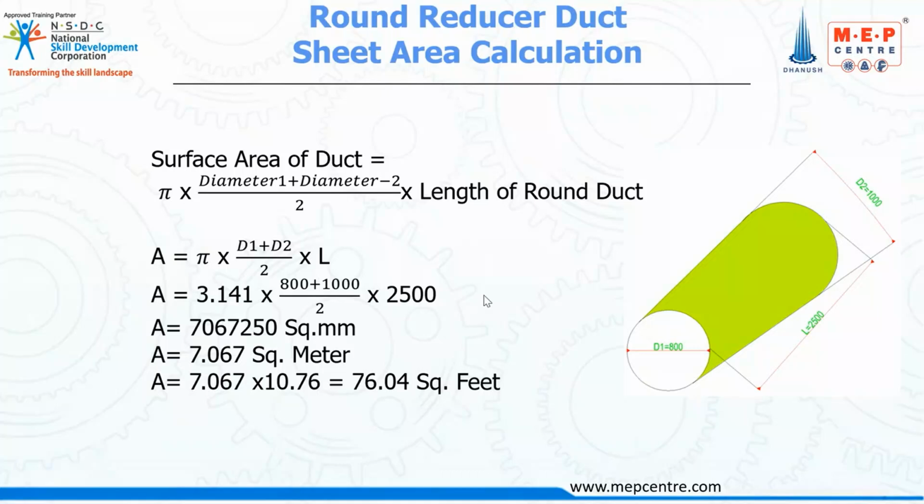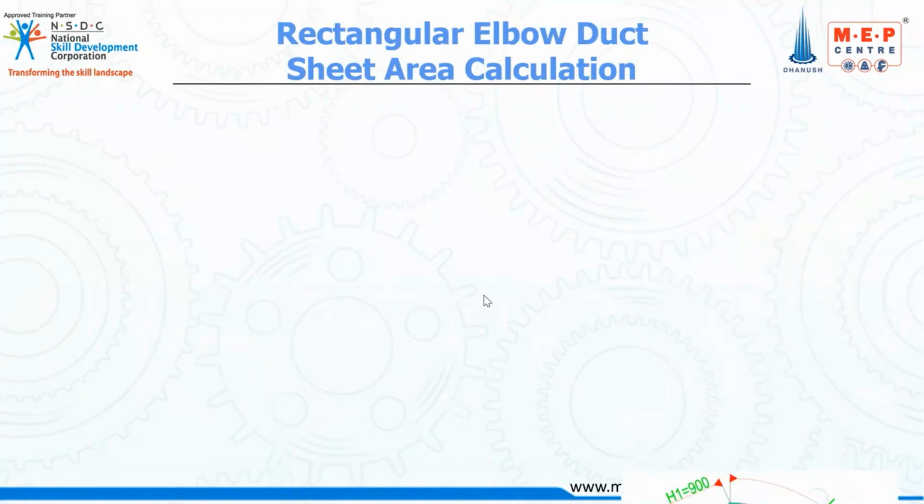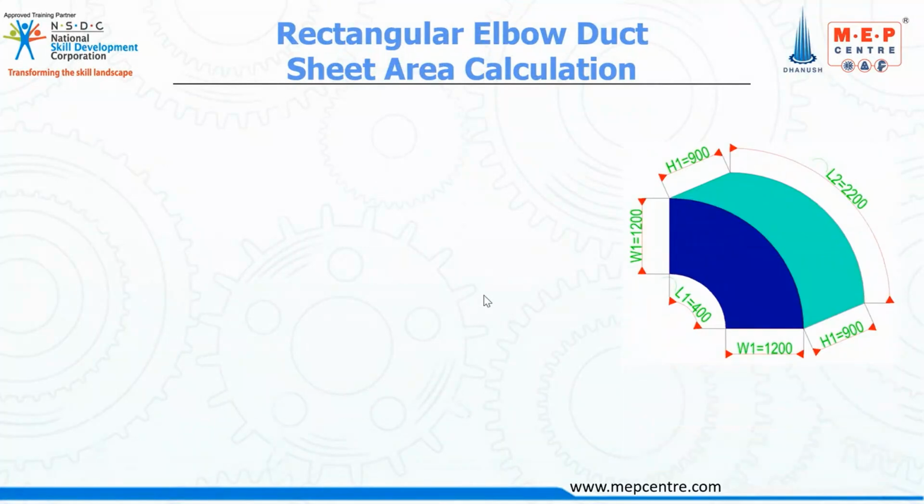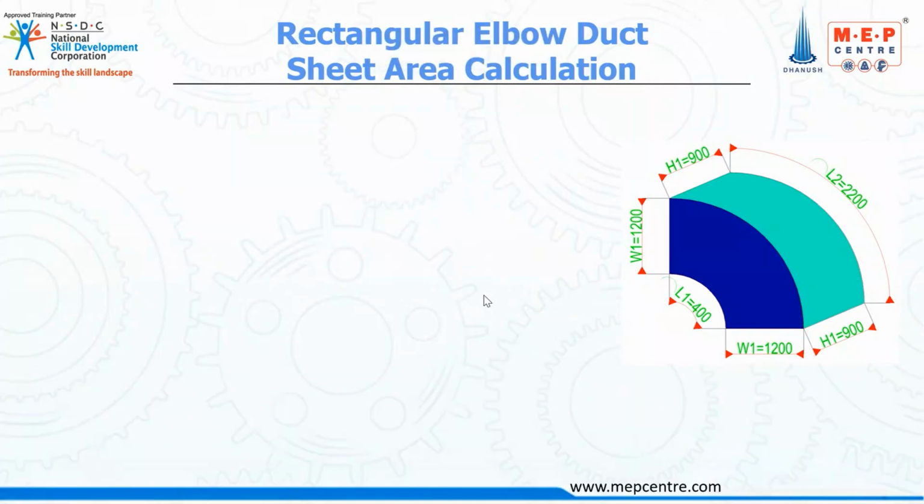Okay. Next, for elbow. So in the previous, we took the average of height and width. Here we are taking the average of length. 2 into width plus height into the average of length. Length L1 plus L2 by 2. Here length 1 is the arc length, bigger arc plus smaller arc divided by 2.